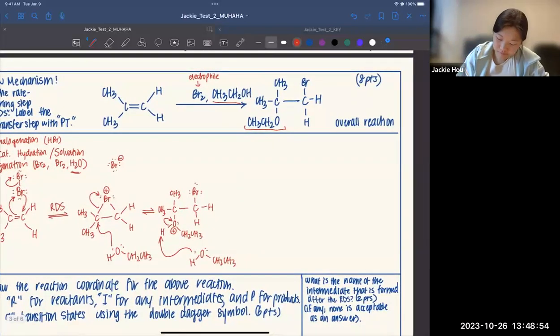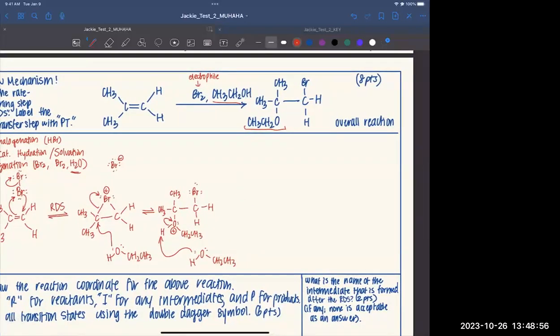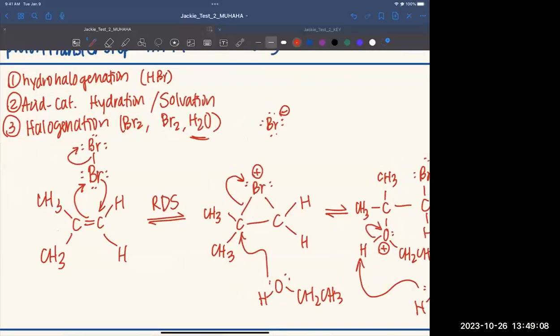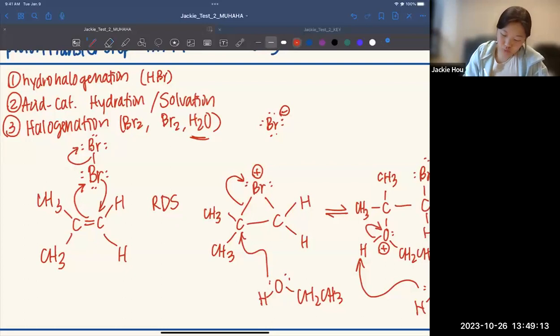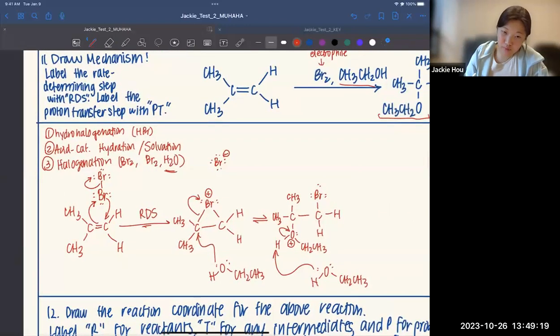Technically, you're right, it favors one side more, probably like that, but it's always going to be equilibrium. All of these reactions are equilibrium.